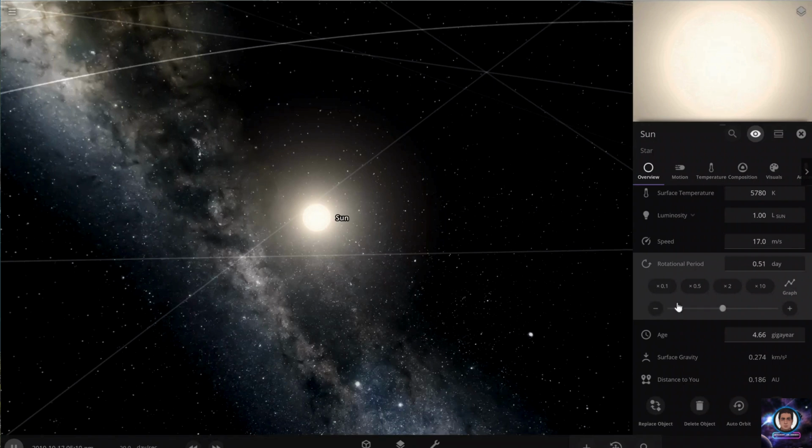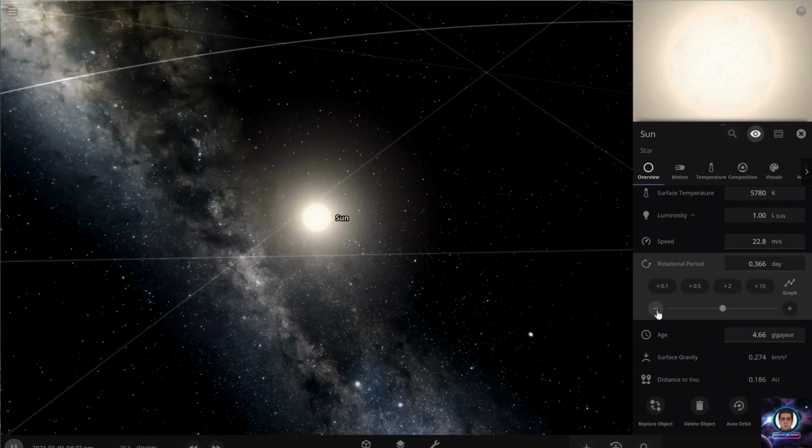Let's see, right now this is half a day, so the sun is turning around itself one complete rotational period. It's half a day right now. In 12 hours, a full day of the sun would be finished.